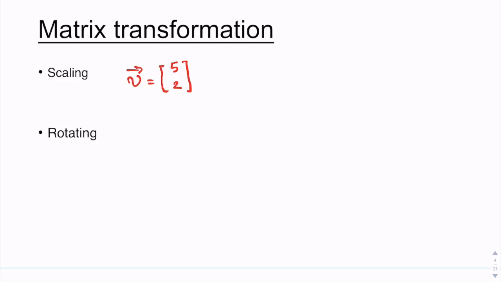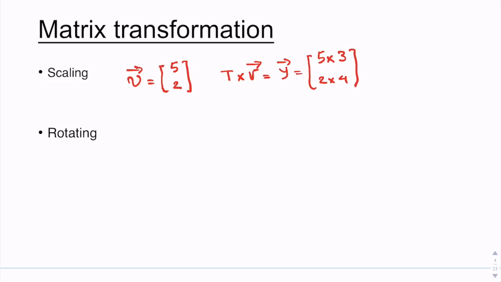So I want to multiply the first coordinate by 3, the second coordinate by 4. So at the end I want to find a transformation. When I multiply this transformation by v, I'll get another vector, let's say y, and then the y coordinate is 5 times 3, and then 2 times 4.